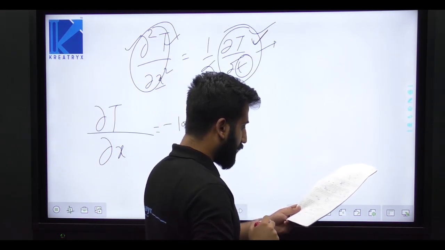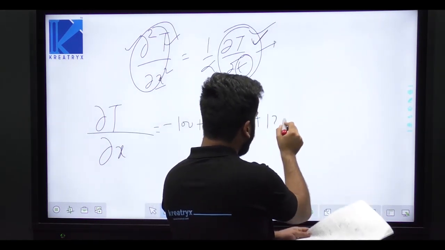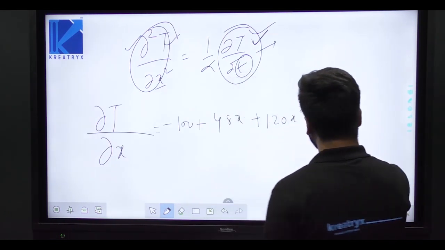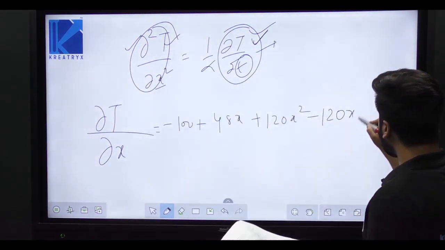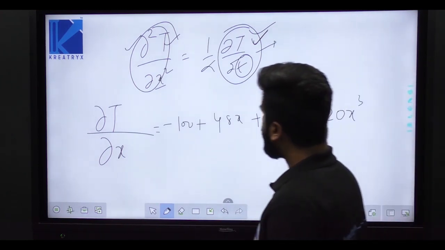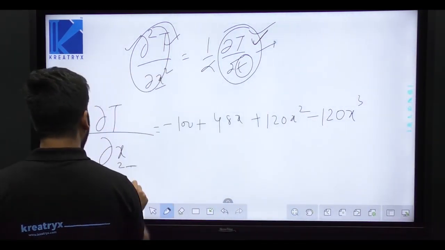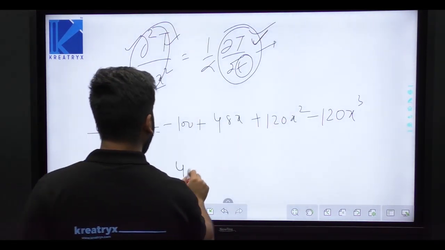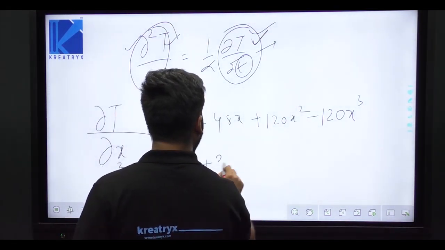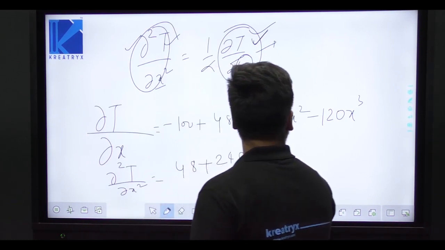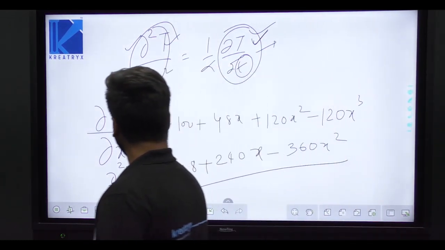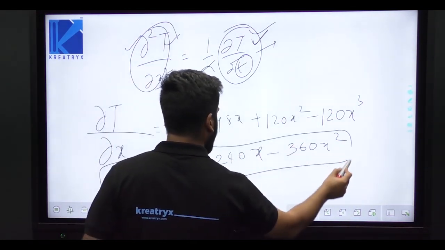Okay, and 120 plus 120x², and this will be 30 into 4, that is again 120x³. And second partial derivative with respect to x will be equal to, this will be 0, so this will be 48 plus 240x and minus 360x². So this will be ∂²T/∂x².